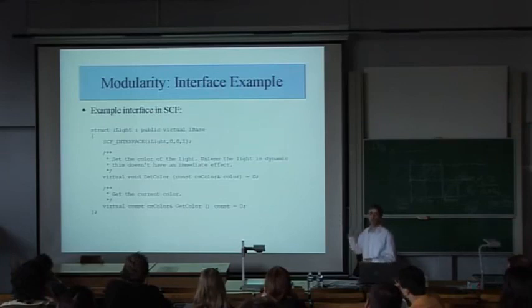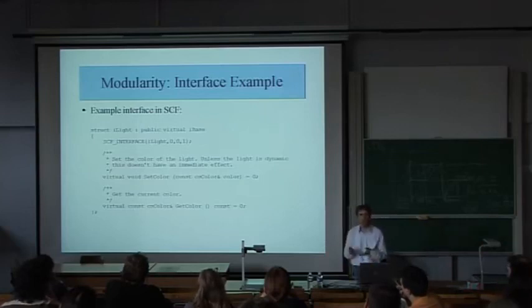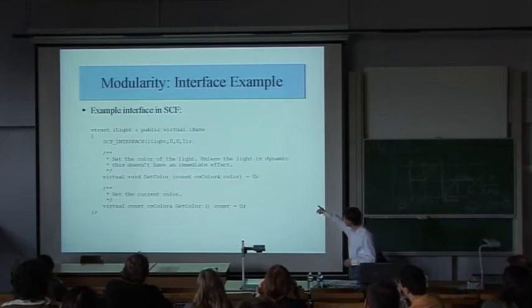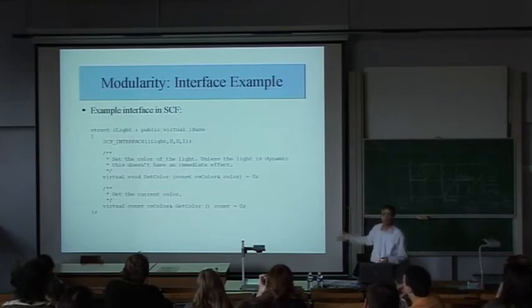That's important, for example, when you upgrade the interface, you add a function or you change a function, you can change the version number so that an application can check if some object implements a certain version of an interface. And then you have the virtual methods. They are pure virtual by the equals 0 at the end. So it means that there is no implementation here. The implementation has to come elsewhere. It comes in the plugins.